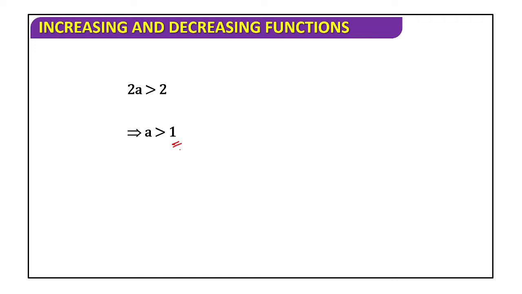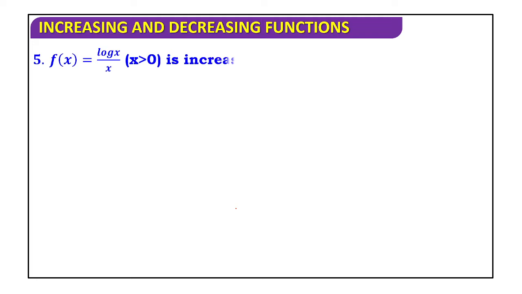So if a is greater than 1, the function is going to be decreasing. That is for your option 2. Clear? So my dear students, go through these problems and also understand the techniques very nicely, as well as the concepts for increasing and decreasing functions.